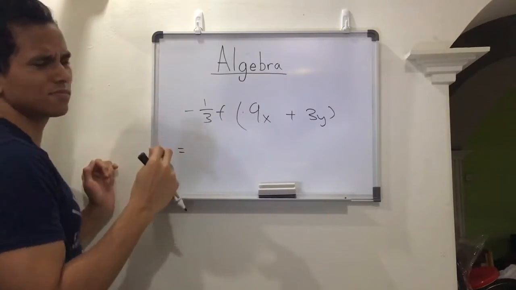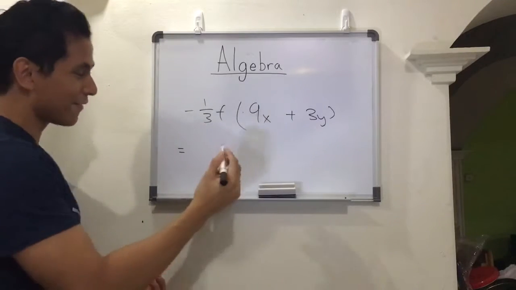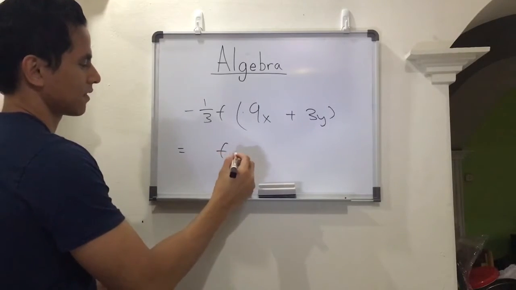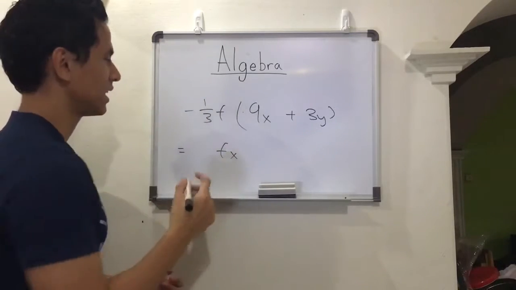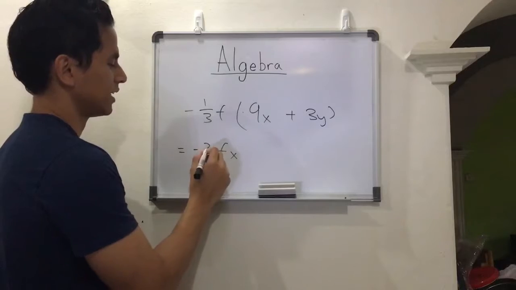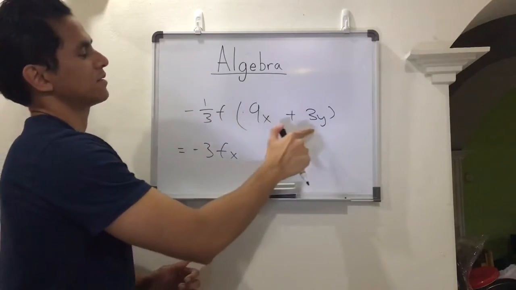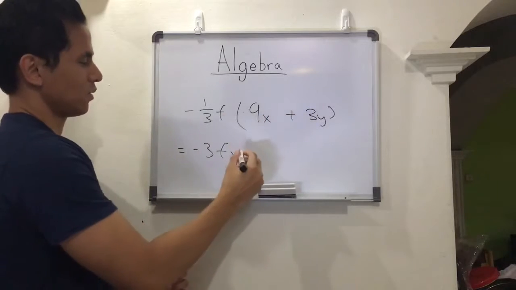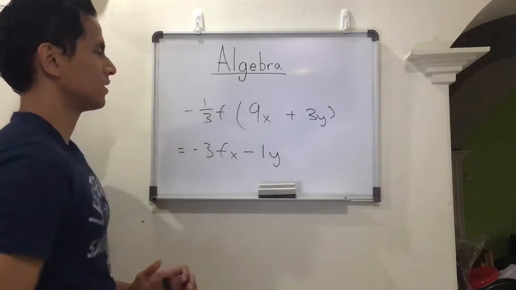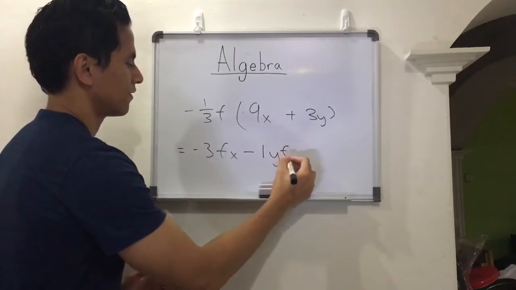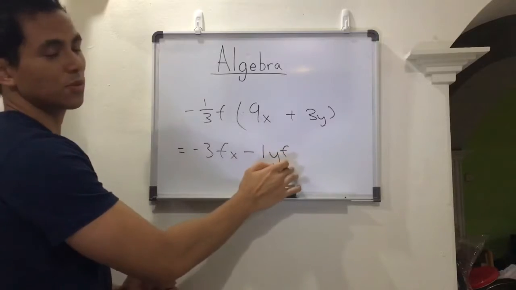So f multiplied with x will just give us fx, and 9 multiplied by negative 1/3 will just give us negative 3, and then negative 1/3 f times 3y will give us negative 1yf. I forgot the f, but yes, the f will be here also.